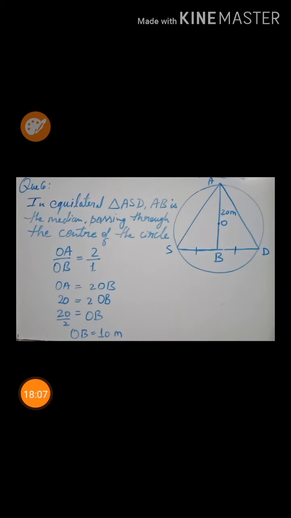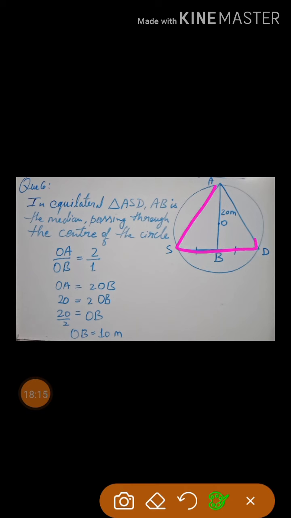In equilateral triangle ASD, we know that all three sides are equal. The distance between each boy is equal, means this is an equilateral triangle. All three sides are equal. And this is a median of this triangle, which is passing through the center of the circle.